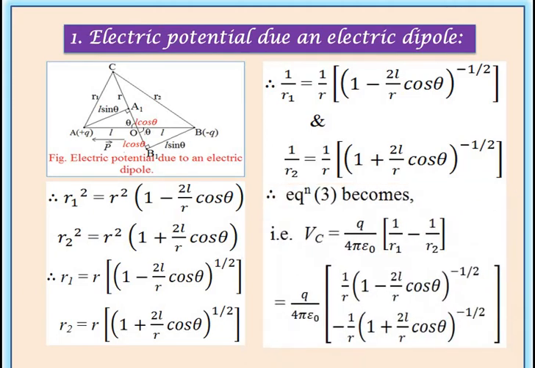Therefore, equation 3 becomes, that is equation 3 written here, Vc equal to Q divided by 4 pi epsilon 0 in bracket 1 upon R1 minus 1 upon R2.